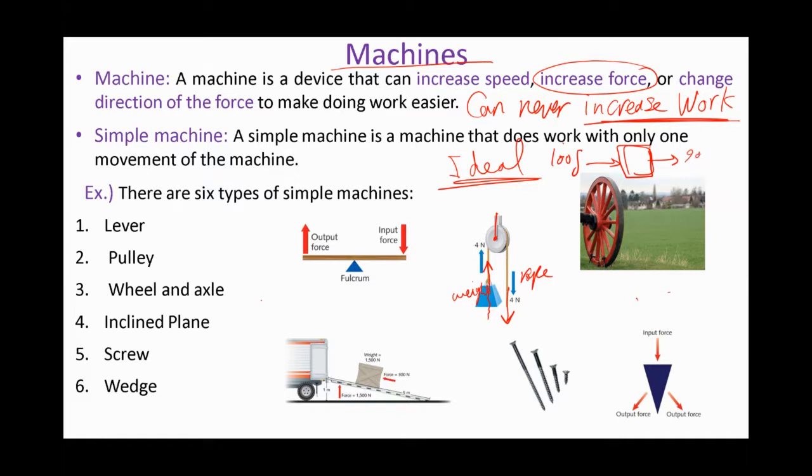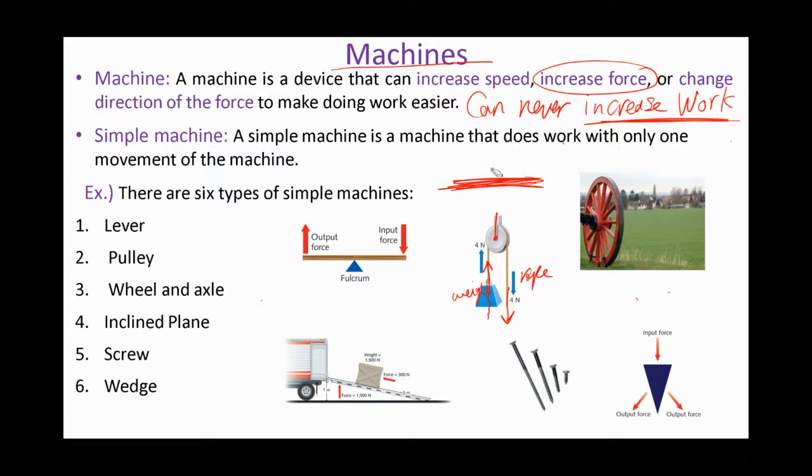It will be 90 joule, 80 joule, 50 joule. But you will not get 100 joule unless we are talking about an ideal machine. And the ideal scenario does not exist in real life. So in real life, there is no ideal machine. But in some problems, we can consider an ideal machine.